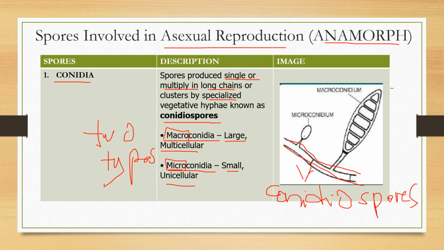And they can produce either a microconidium or a macroconidium, either singly or multiple. So macroconidia would be large conidia, multicellular; they tend to have groups of cells together. But microconidia are small and unicellular.